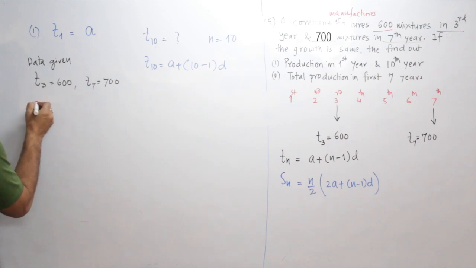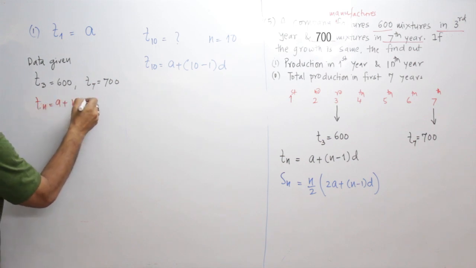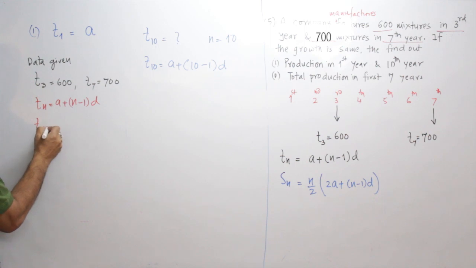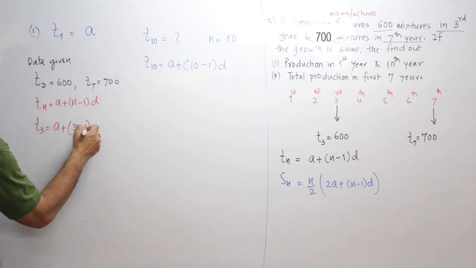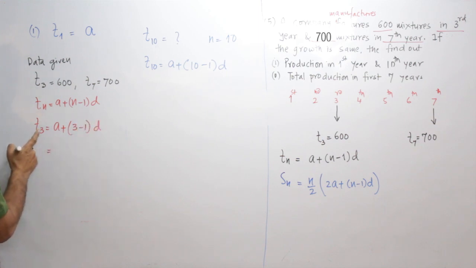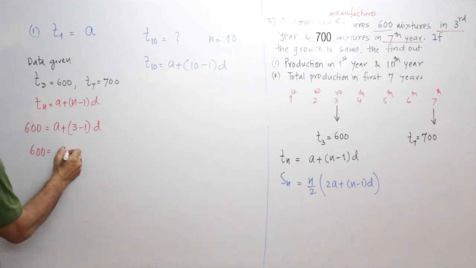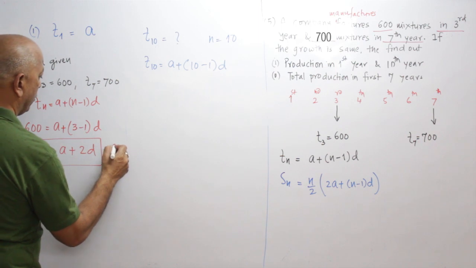Tn is equal to A plus n minus 1 D. In the first case, T3 is equal to A, unknown, A as it is. n is equal to 3, 3 minus 1 D, D is unknown, so it's D. The value of T3 is given as 600. So 600 is equal to A plus 3 minus 1, 2D. So this is the first equation we got.